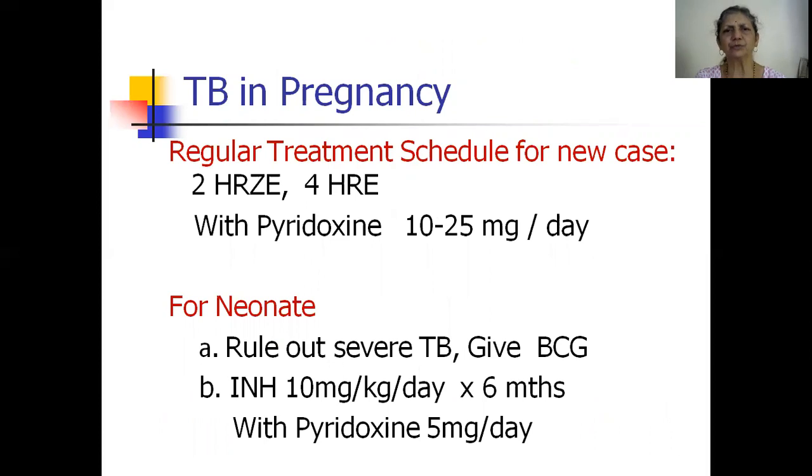For management of tuberculosis in pregnancy, though otherwise rifampicin is considered contraindicated in pregnancy, for tuberculosis an exception is made. So a patient with drug-sensitive tuberculosis developed during pregnancy is given the regular treatment for a new case with drug-sensitive tuberculosis.